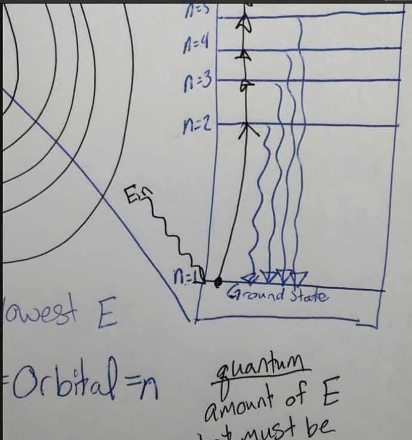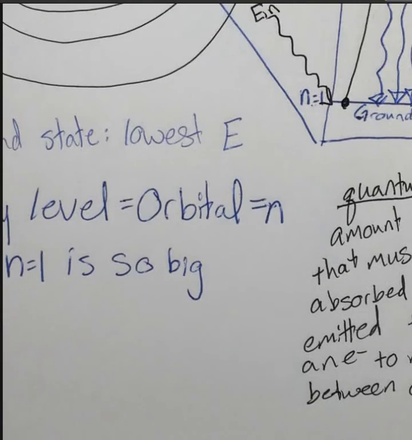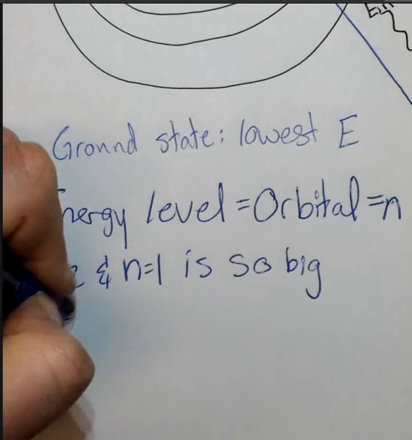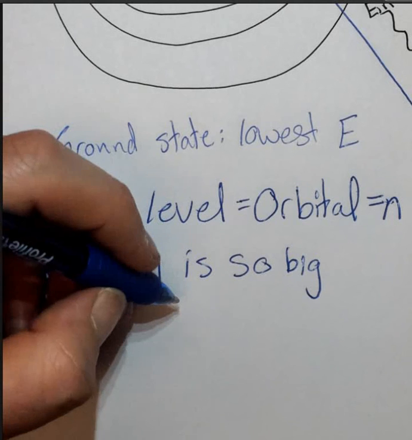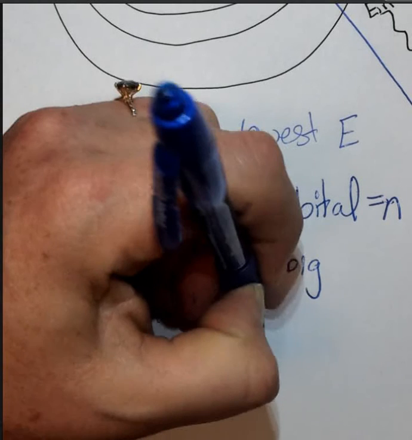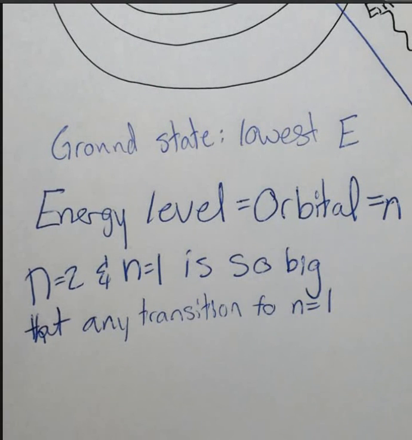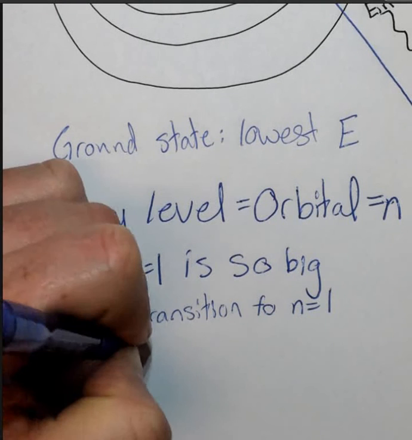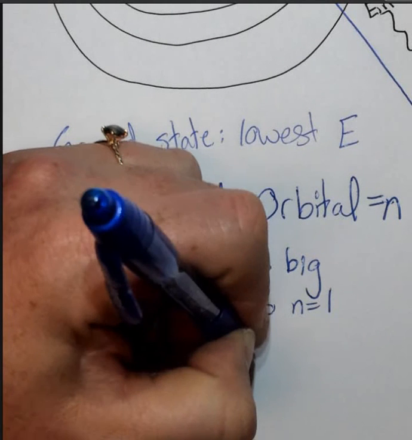So we say the transfer between n equals 2 and n equals 1 is so big that any transition to ground state, back down to n equals 1, has too much energy to see.